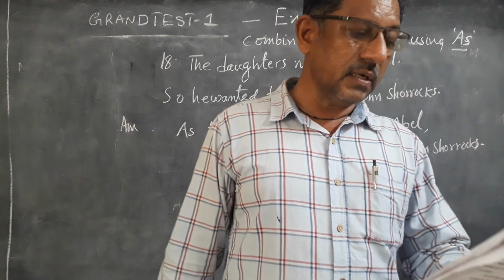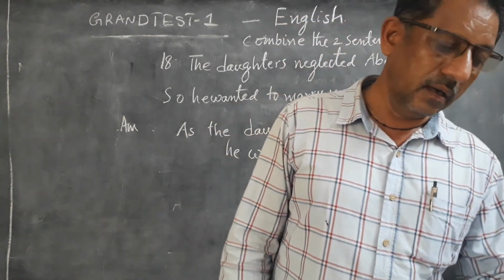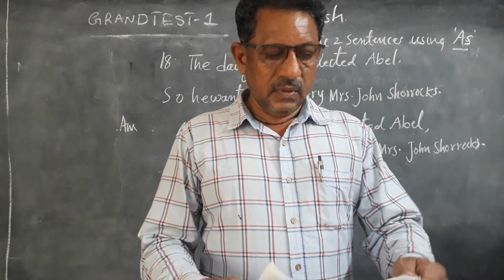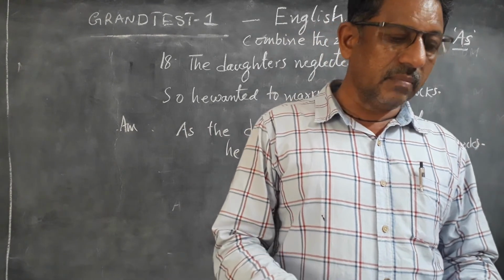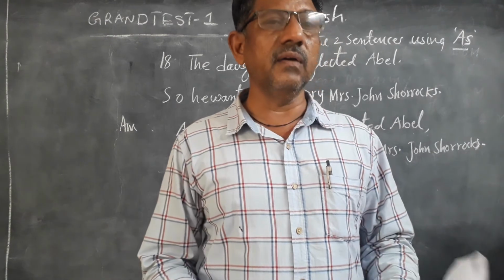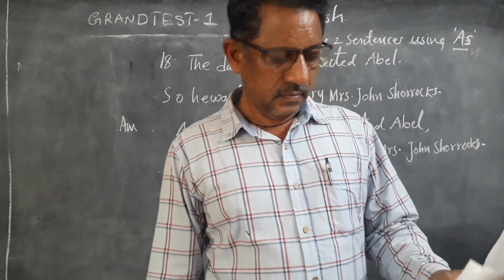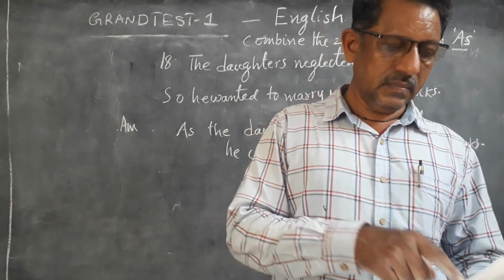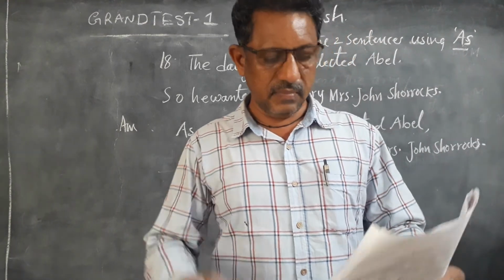Next, question number 34, either letter to friend or biographical sketch. Whichever is easy, you write. Next, question number 35, framing WH questions. If you feel you can answer it, you can attempt it.